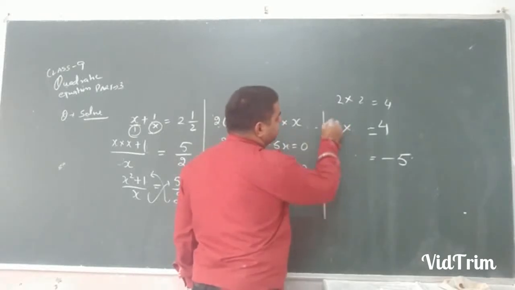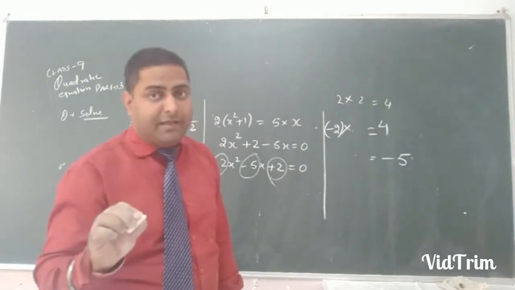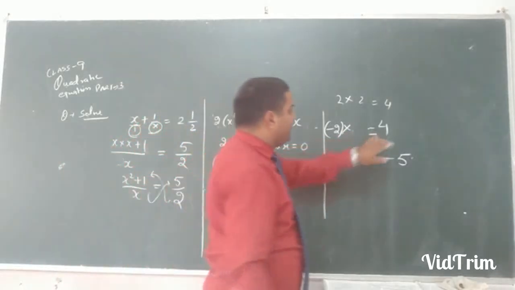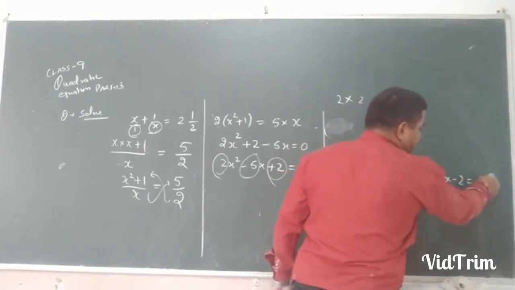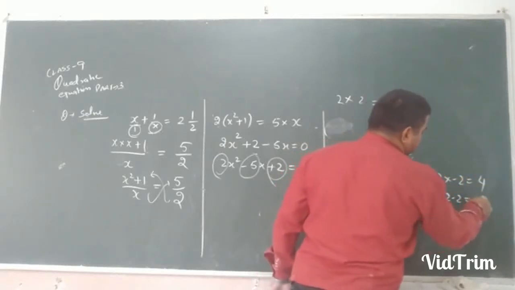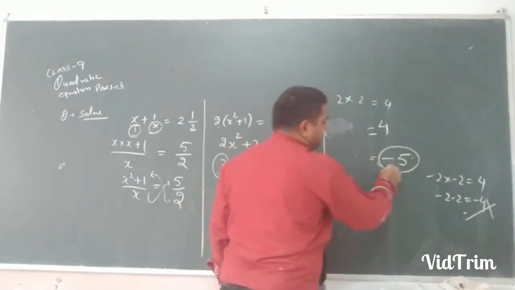Minus 2, and keep in mind two numbers which when multiplied we get 4. So minus 2 into minus 2 gives 4, but minus 2 minus 2 gives minus 4. But we want here minus 5.